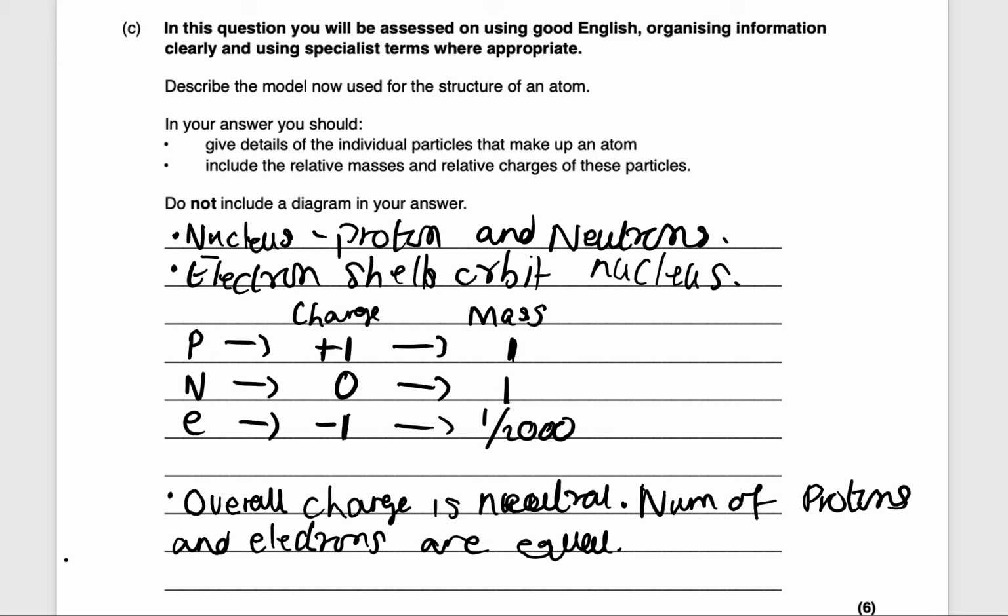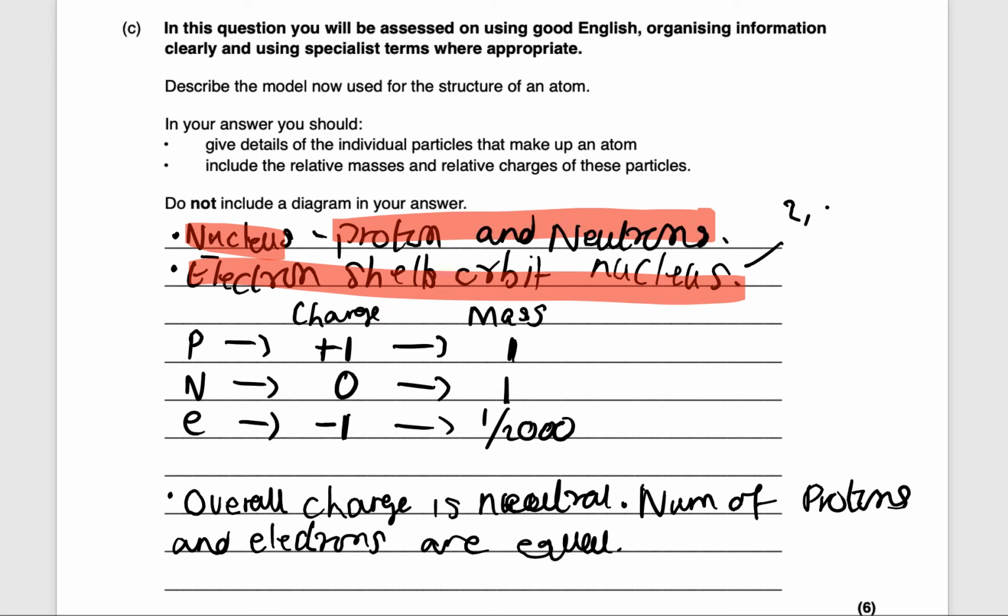Okay, so just to let you know where your marks are coming from. The nucleus contains protons and neutrons. Electrons orbit in electron shells around the nucleus. You could have also said that they go in this order, configuration.